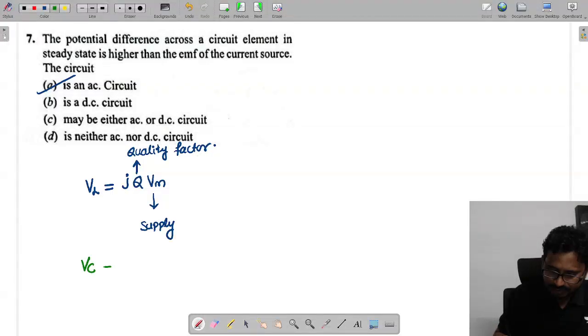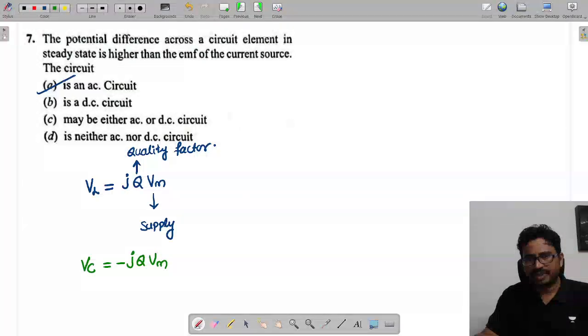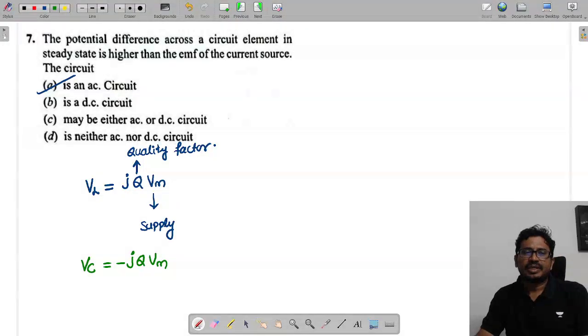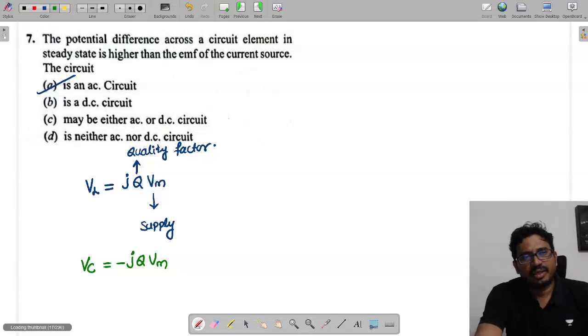Next, VC is equal to minus jQ into VM, so the voltage across the capacitor is also amplified by the quality factor. This can happen only in an AC circuit under resonance conditions, but in DC it is not possible.